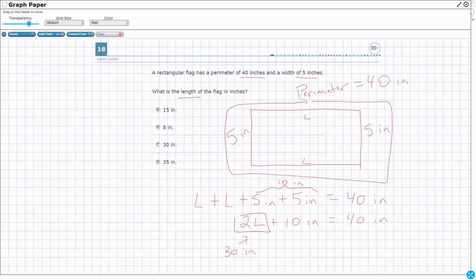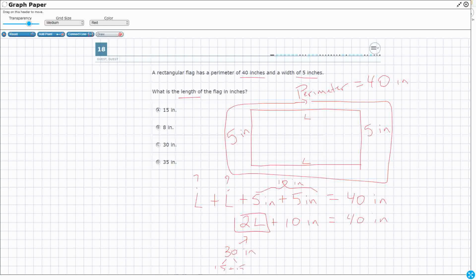Okay, so what could I double to get up to 30? What plus what makes 30? I'm thinking I could do my 30 divided by 2. I can just think, well, you take my 30, and that's going to split into 15 and 15.